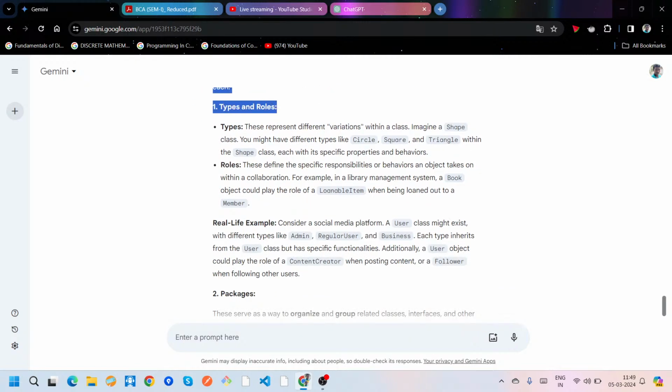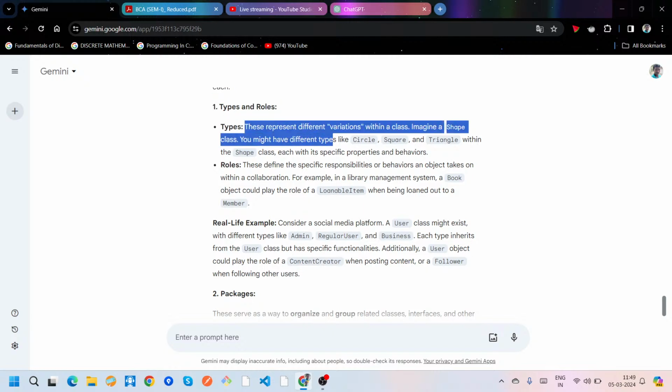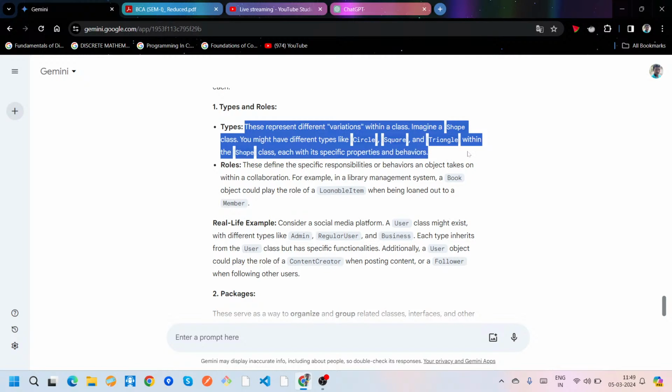Okay, so the topic is types and roles. Types mean these represent different variations within a class. Imagine a shape class. You might have different types like circle, square, and triangle within the shape class, each with its specific properties and behaviors.